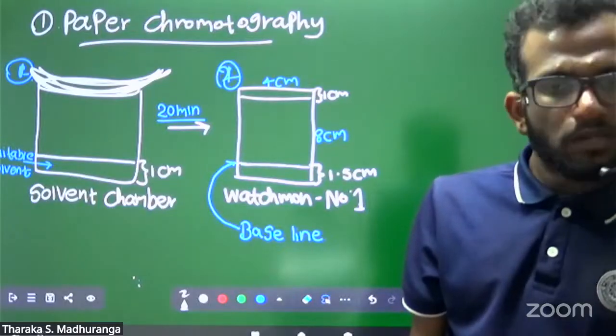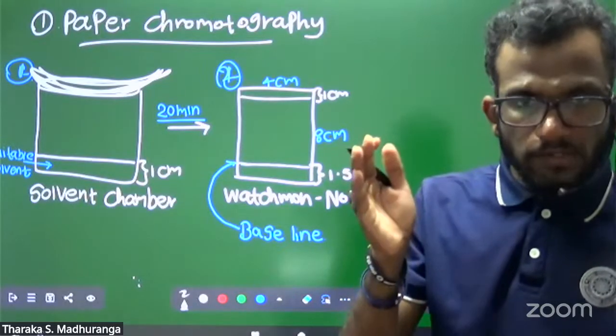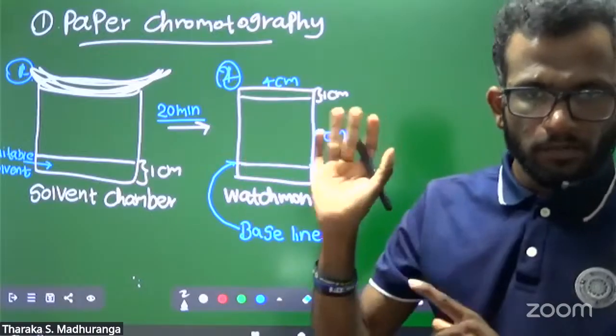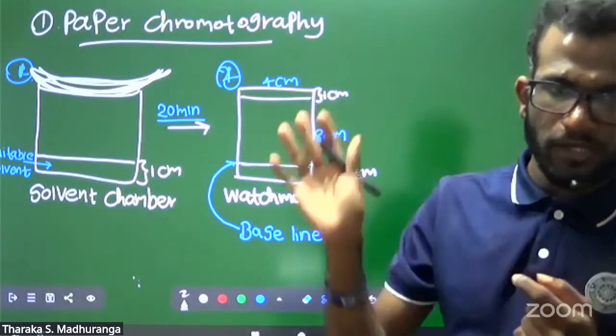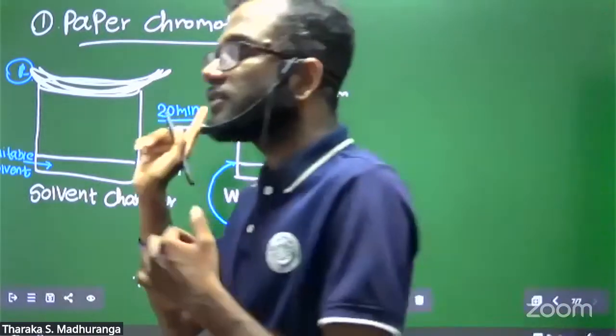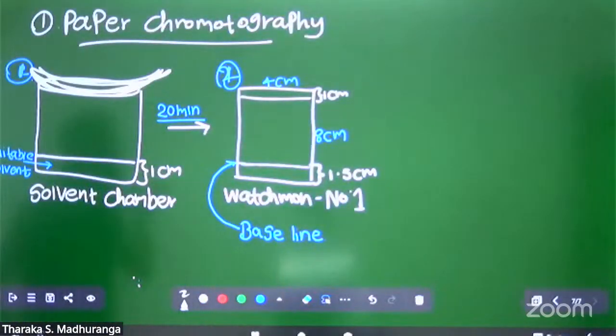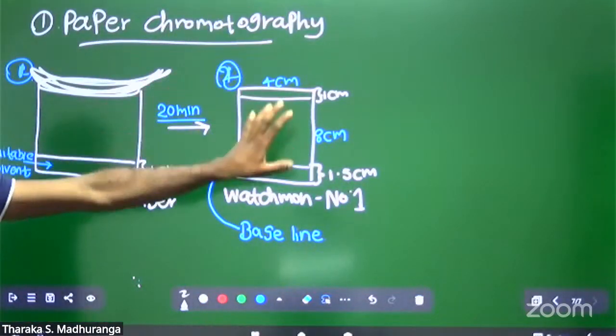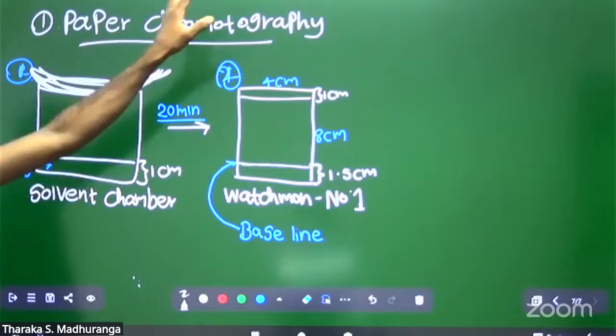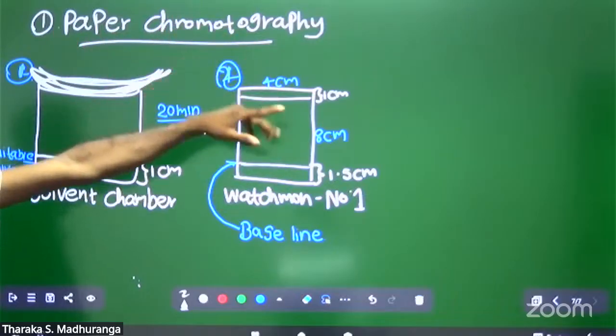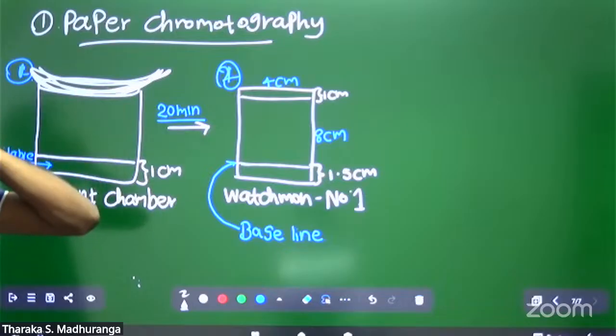Understood up to now? The first step is completed. It's still not 20 minutes, so we have to keep it. In the second step, until this 20 minutes, you have to prepare the chromatography paper. First find the Whatman number 1 chromatography paper.